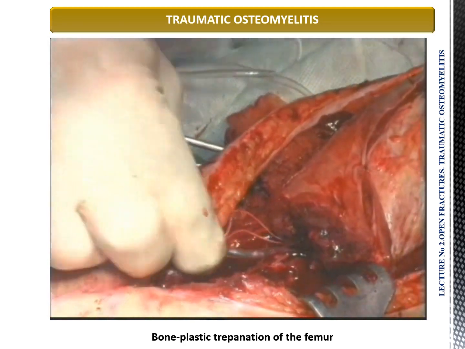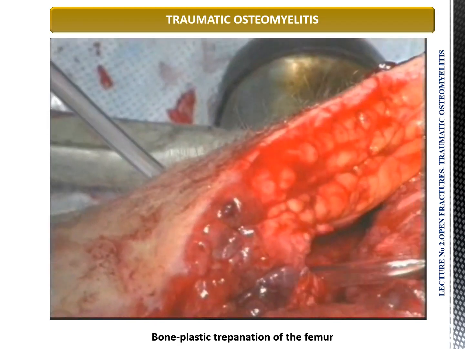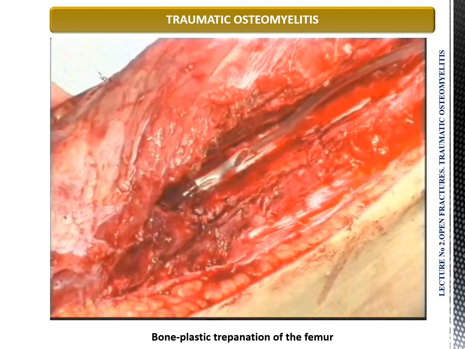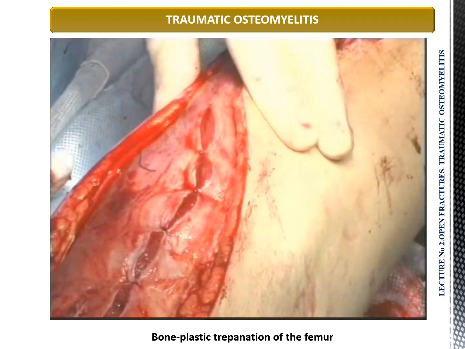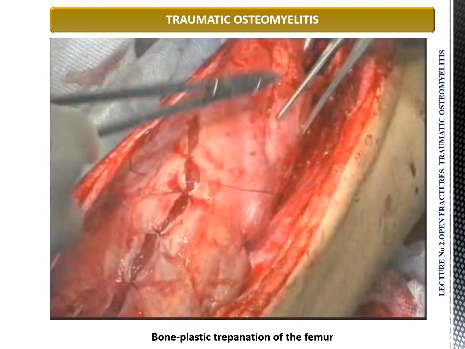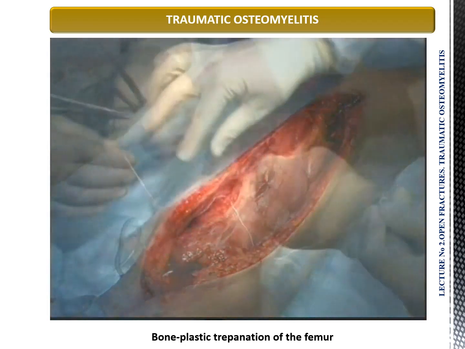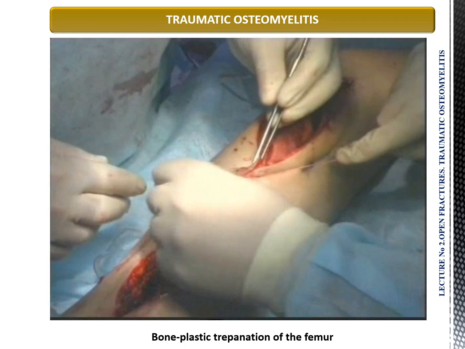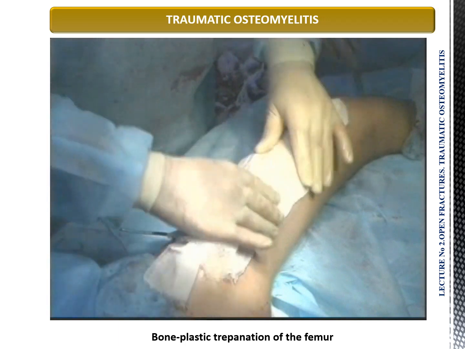We install a perforated drainage tube in the bone marrow canal. After the surgical treatment is completed, the musculoskeletal flap is returned to its place and fixed with separate U-shaped sutures. A bandage with a water-soluble ointment.